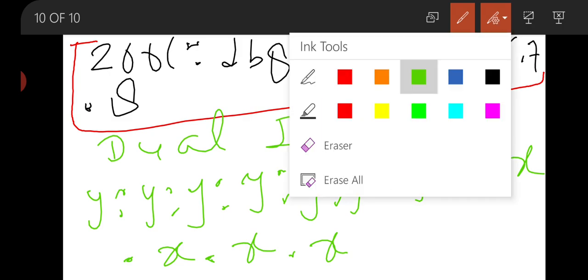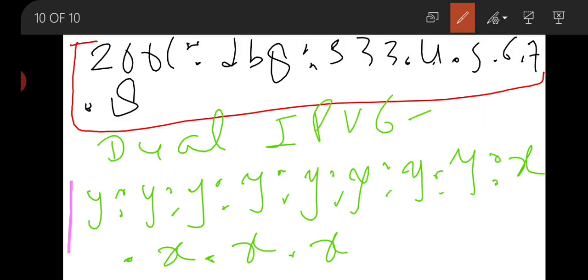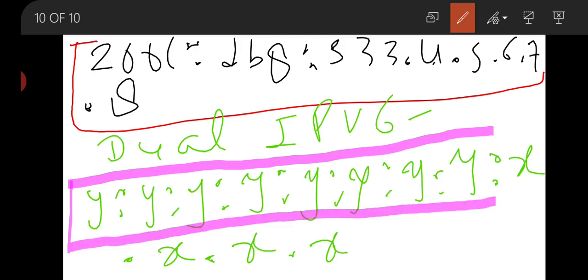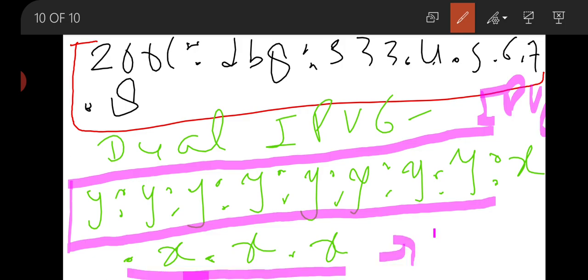Now you can see here, this part is your IPv6 address, and the x part is your IPv4. That means you can say the IPv6 dual format is the combination of IPv6 and IPv4 address. Here we are using both address formats.